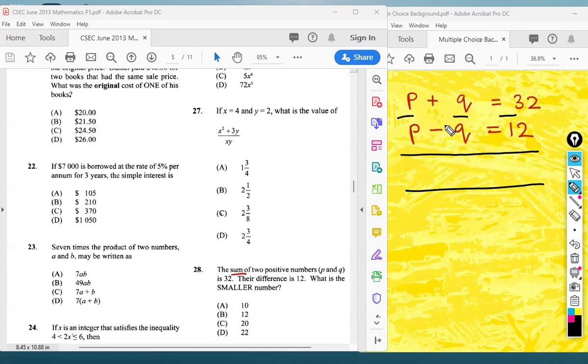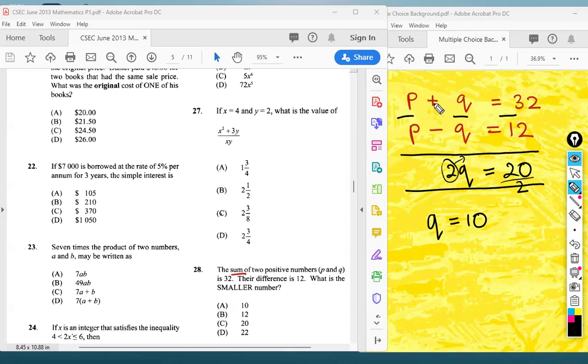Q plus Q is 2Q. 32 minus 12 is 20. We can solve for Q, throw across and multiply, you get a divide. So Q is 10. We just need to solve for P now.